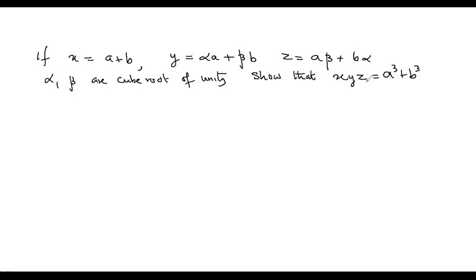That means the product of these three is the formula for a cube plus b cube, provided alpha and beta are omega and omega square. That's the meaning of the question.